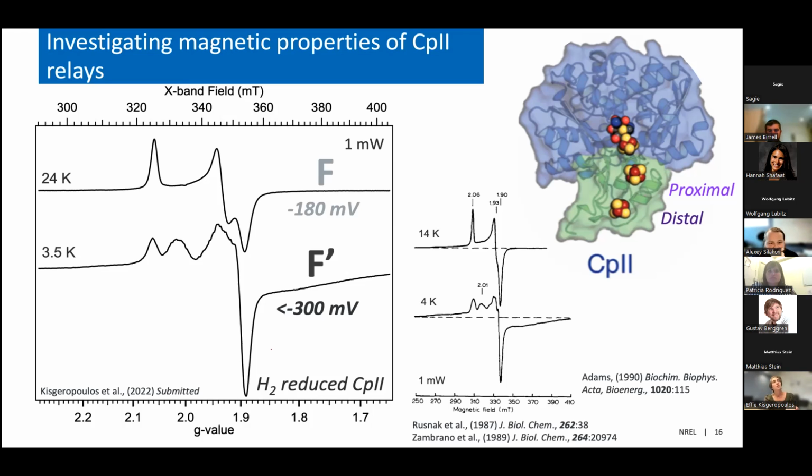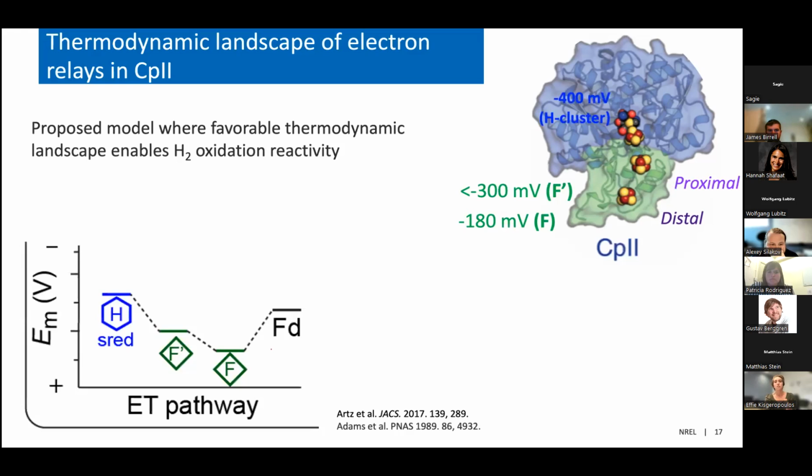And then I want to take a slide to show exactly how this fits into a landscape model of electron transfer in CP2. One of the possible pathways proposed has the high potential cluster on the outside, in the outer location, as the distal cluster.